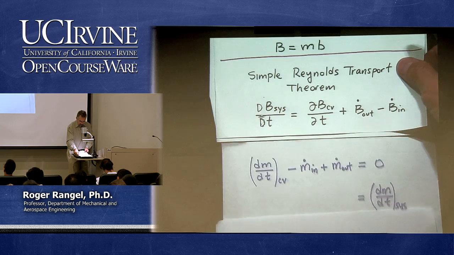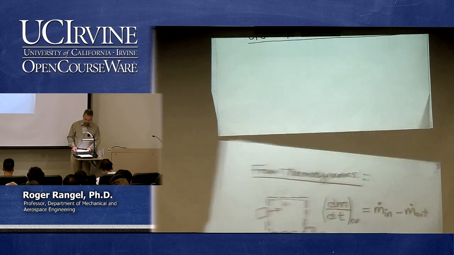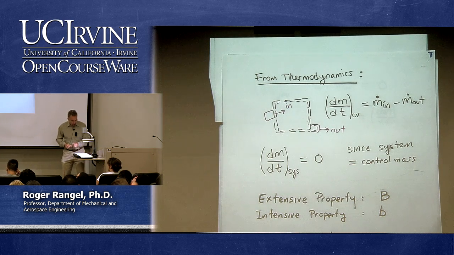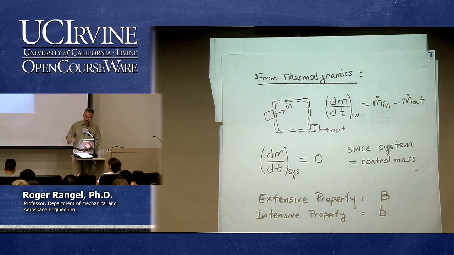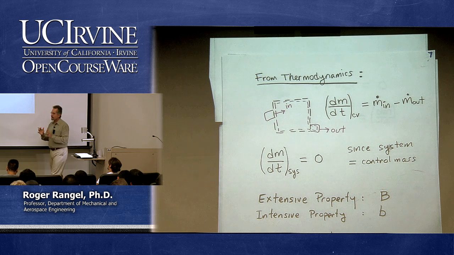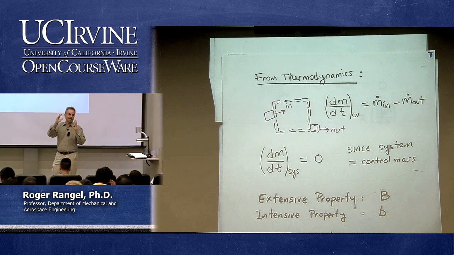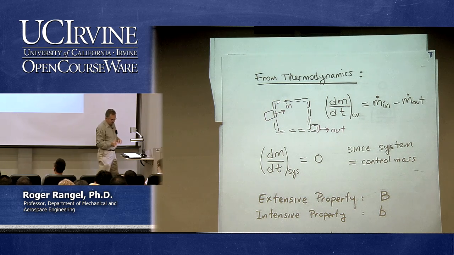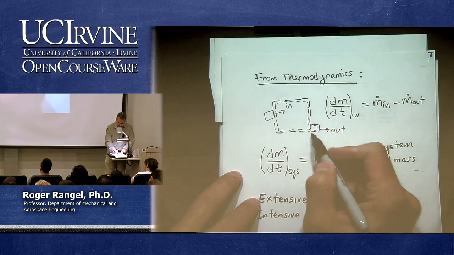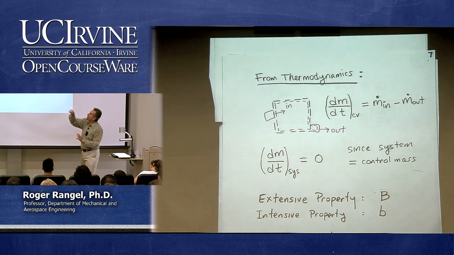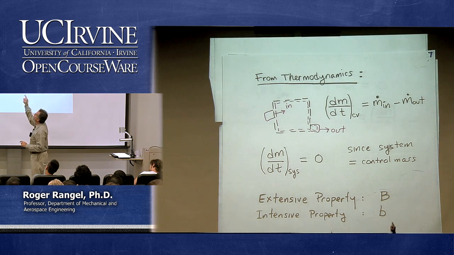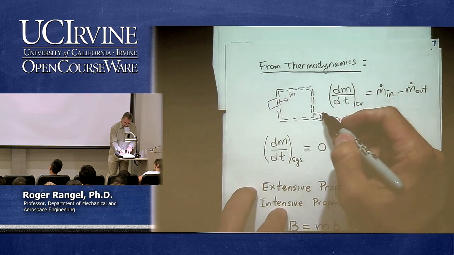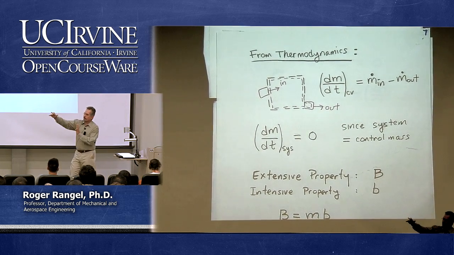In terms of a schematic, if we go back to this drawing, all I'm saying is that when I write it the other way, I am looking at a closed system. So if my closed system is all the mass that was inside the control volume initially, then sometime later, some of my mass comes out, but I have to keep it in my system. That's why I draw a new dashed line inside the old one that actually includes the mass that went out, because that was part of my system.